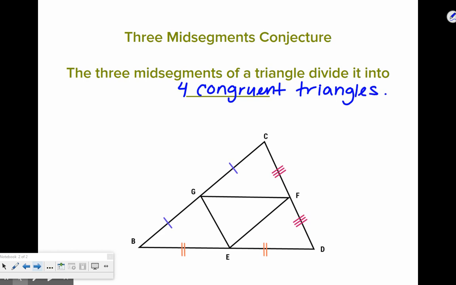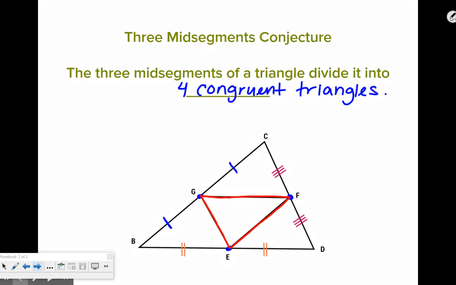For example, I have all my midpoints labeled G, F, and E, with the correct markings. Then we have our midsegments: here, here, and here. So we have all three drawn.